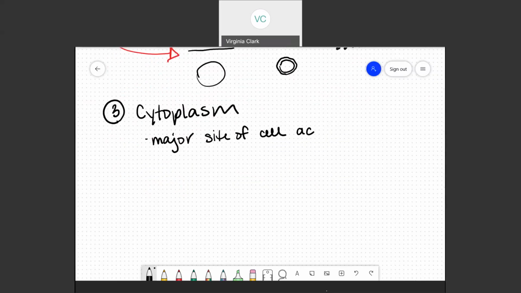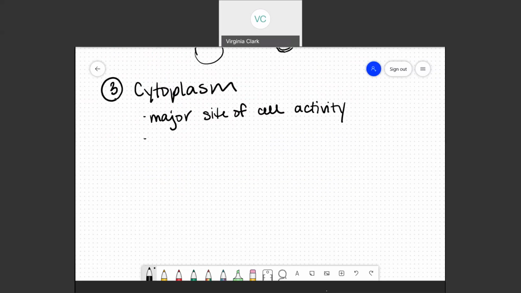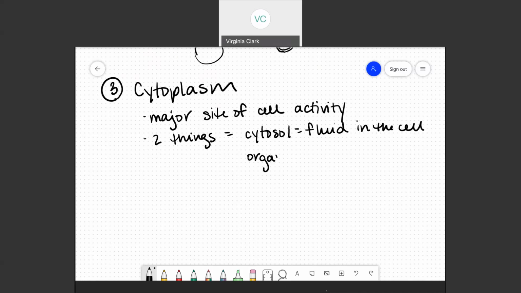But the cytoplasm will be made up of two things. We are both talking about the cytosol, which is going to be the fluid inside the cell, and we are also talking about organelles that are in the cytosol.